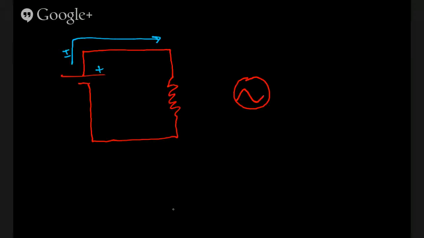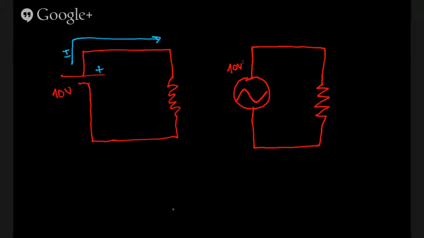This is the schematic symbol for a basic alternating current source. Let's just make this 10 volts. This will be 10 volts AC.